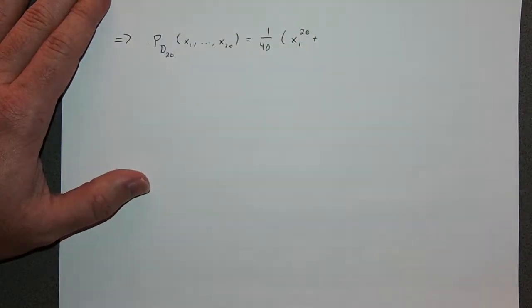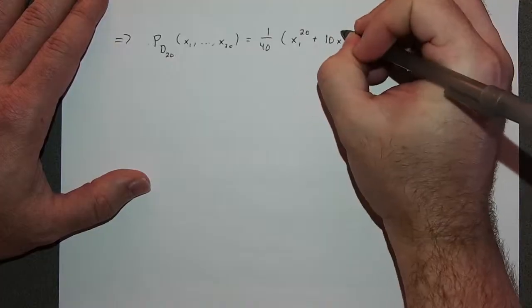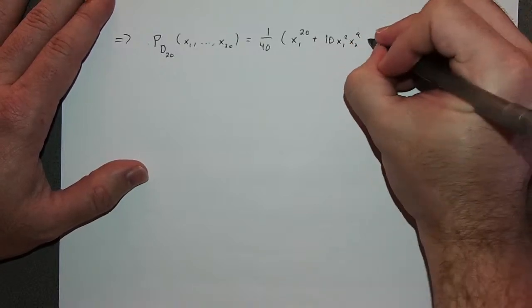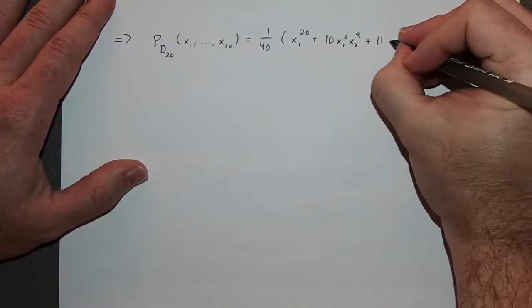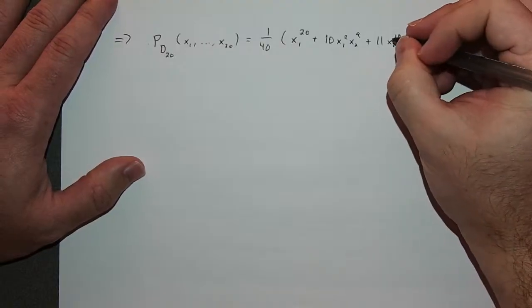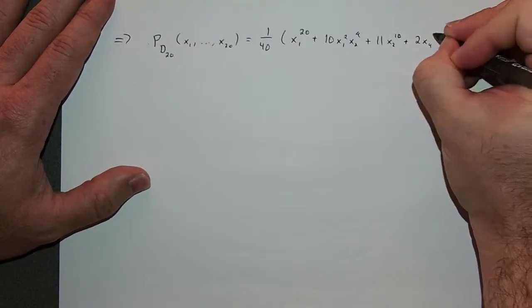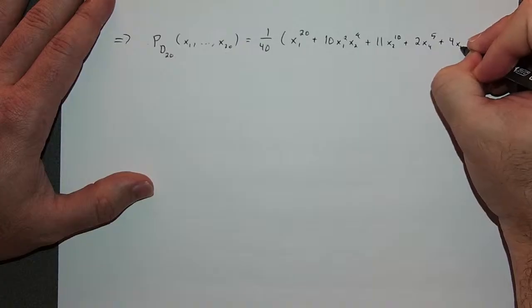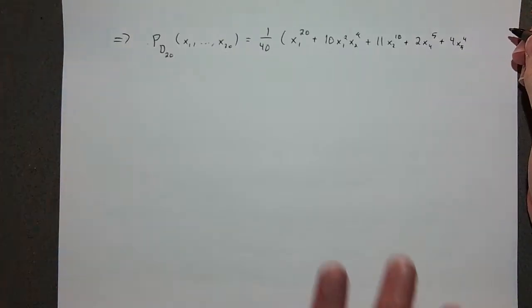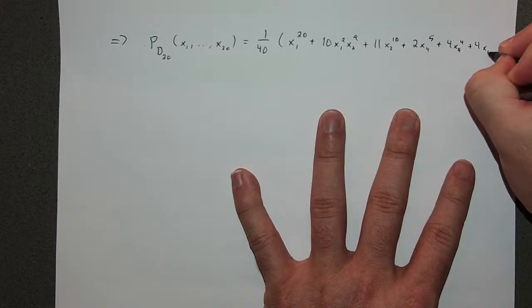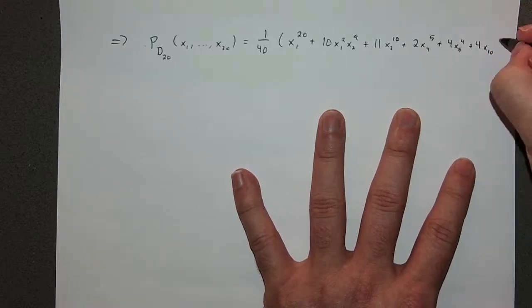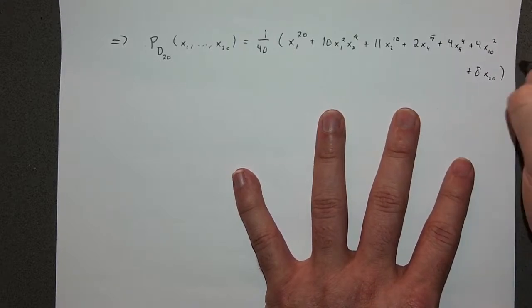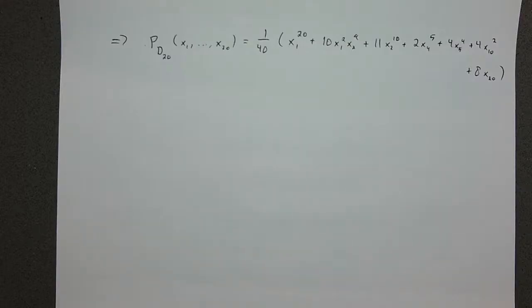Now I'm just summing all of those terms that contributed here. 10 times x sub 1 squared, x sub 2 to the 9th, plus 11 times x sub 2 to the 10th, plus 2 times x sub 4 to the 5th, plus 4 x sub 5 to the 4th, plus 4 x sub 10 squared, plus 8 x sub 20. That is my cycle index.